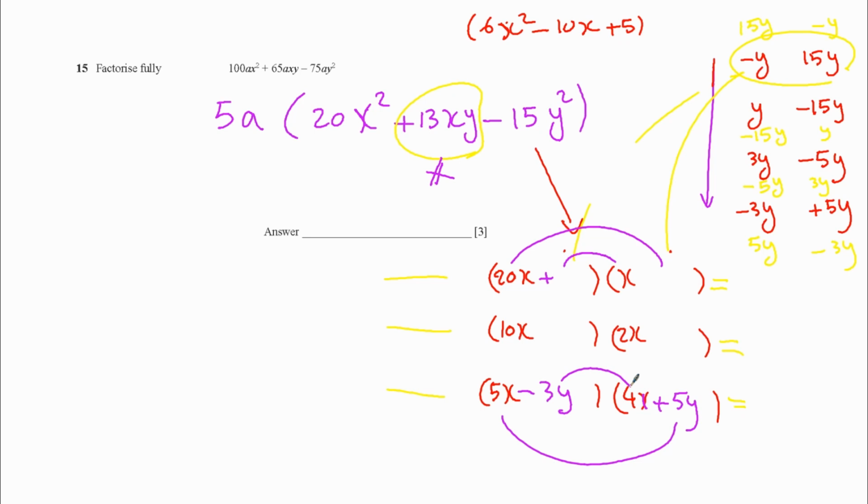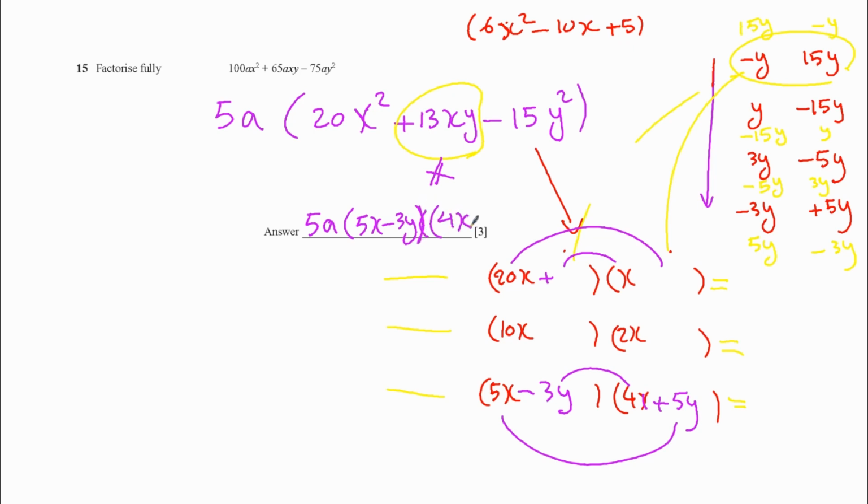So this is exactly the right choice, minus 3y and 5y in that order. So the final answer for this question would be 5a times 5x minus 3y, and that is times 4x plus 5y.